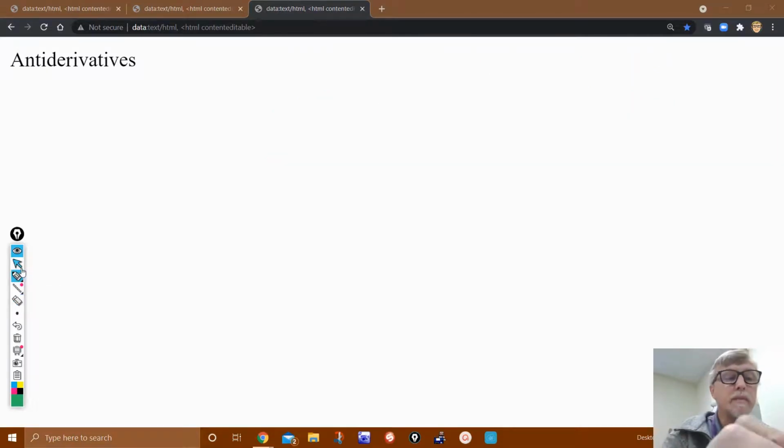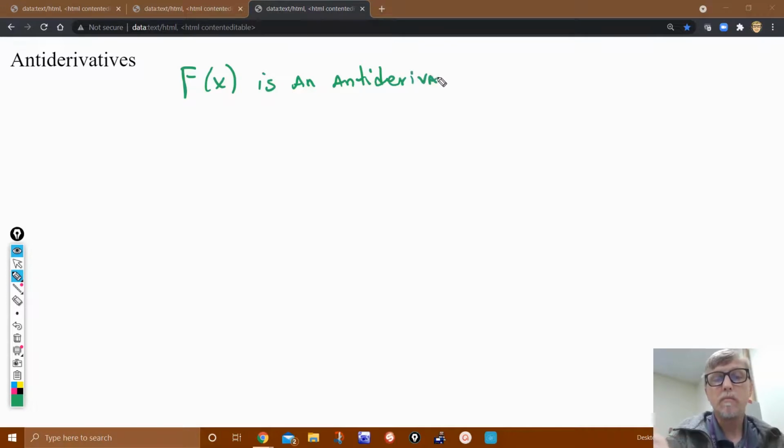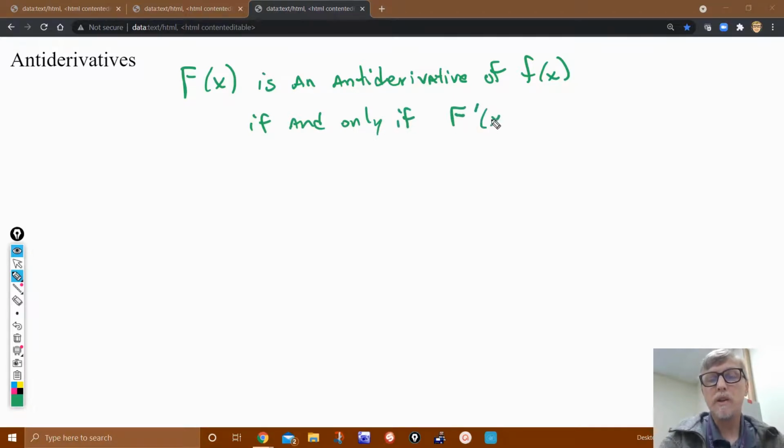Okay, so what we say about antiderivatives is that capital F of x is an antiderivative of f of x if and only if capital F prime of x is equal to the function.